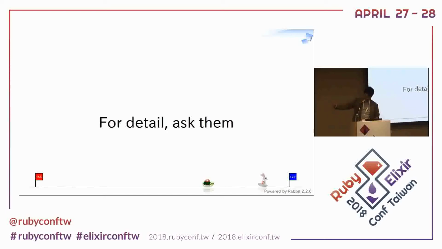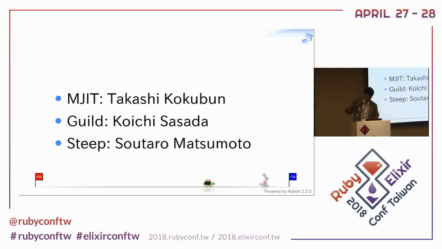I'm the general leader of the language. For MJIT, ask Takashi Kokubun, and he's going to talk about MJIT here. And Guild is for Koichi, and he's going to talk about Guild here. And Steep is for Soutaro Matsumoto. Yeah, Matsumoto is a pretty common name, so we are not relatives, not brothers.